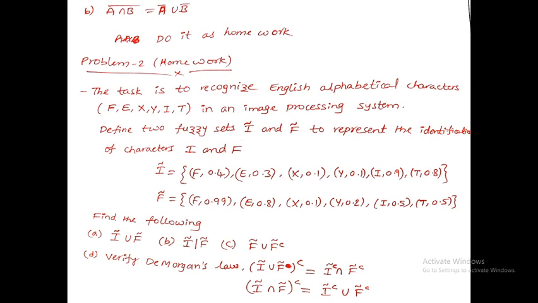At F point, which is having higher value, 0.9, right? I union F is equal to F comma 0.9, E comma 0.8, X comma 0.1, Y comma 0.2, I comma 0.9, T comma 0.8. From both I and F, which are having more values that I have considered, that is equal to the I union F, right? So in a similar way, you do the remaining problem. Thank you.